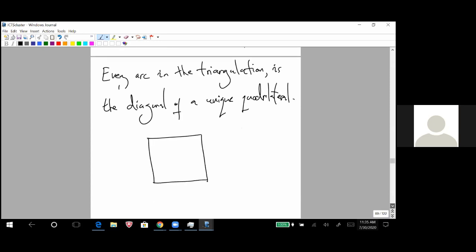It doesn't matter how I've drawn it. I draw my shifted arc, my lamination, and then I just look to see. I'm interested in the coefficient of this arc in the triangulation.